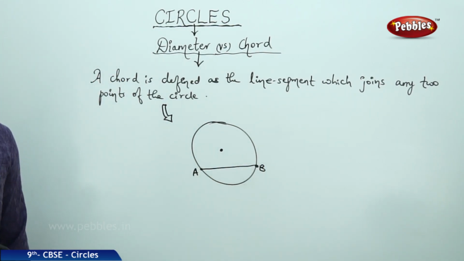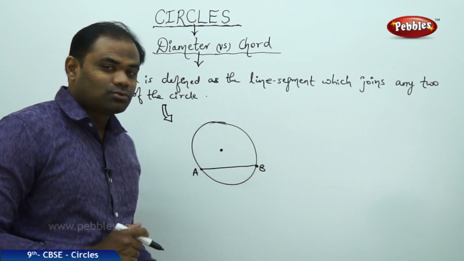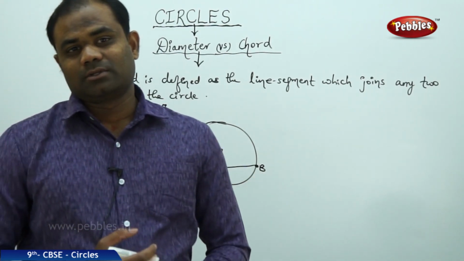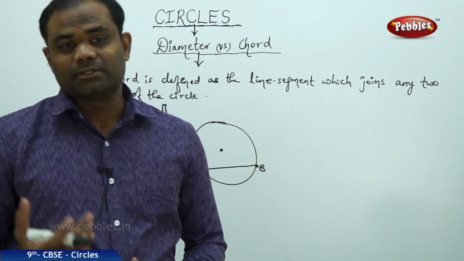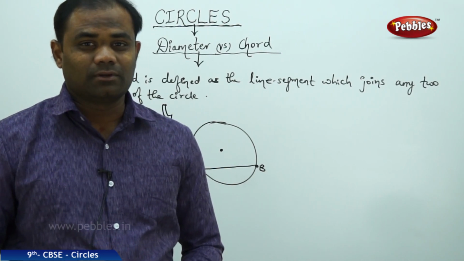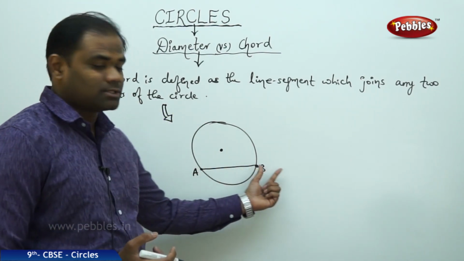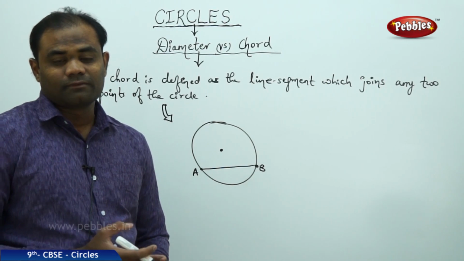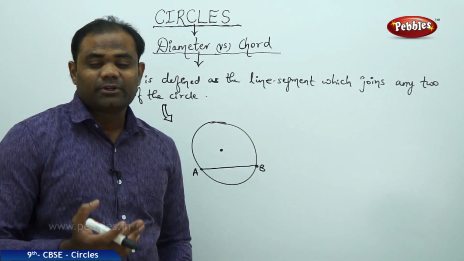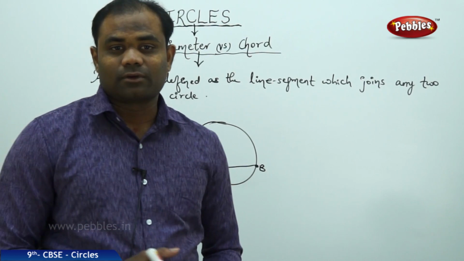Is how we understand. The line joining any two points of the circle is a chord. Then what is a diameter and how is it connected to the chord is clearly understood through this definition, because when we say diameter, diameter is a line which passes through the center of the circle.